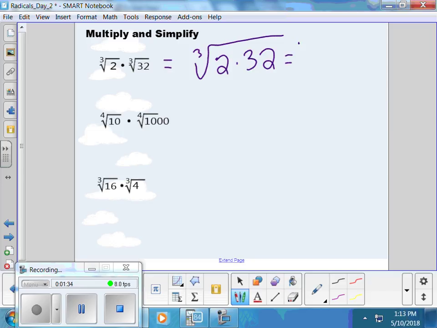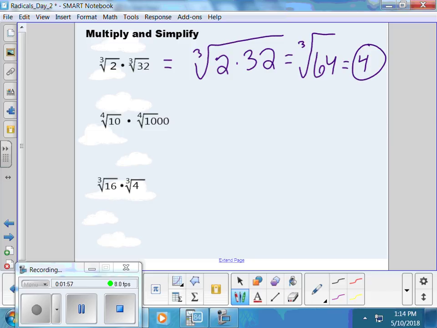So 2 times 32 is 64. And that's a perfect cube root. That's actually on your list, if you do have your list handy. The cube root of 64 equals 4. You could also type it in, but the cube root of 64 would definitely just give you 4. So did you see how that worked? How I put two of these guys underneath the same radical, both of them together? It's kind of like a product rule.